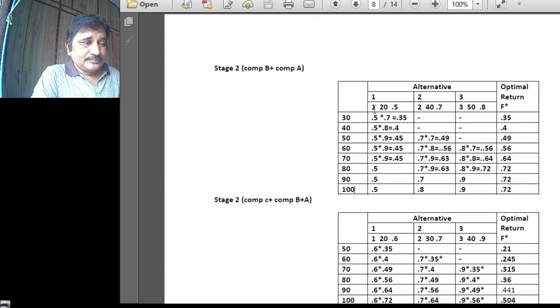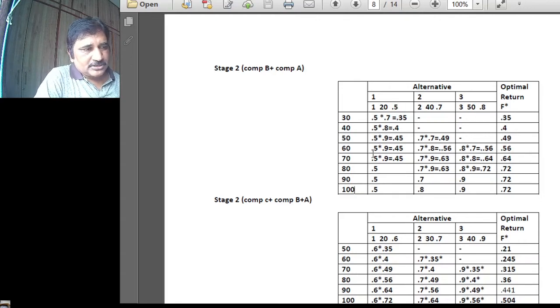So now, if you have 30 rupees, obviously you are able to choose the first alternative, because the first alternative requires you to have 20 rupees and you are having 30 rupees. So 20 rupees are spent on component B, giving you the reliability of 0.5.